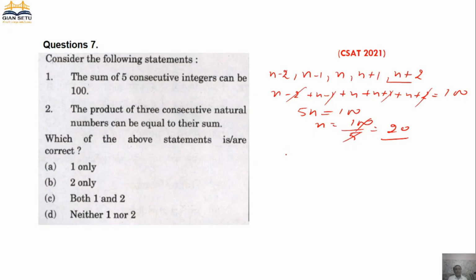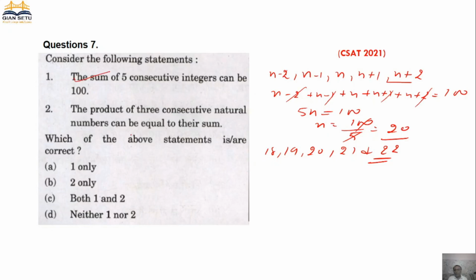So the numbers are 18, 19, 20, 21 and 22. If we add all these numbers, we get a sum equal to 100. So the first statement is correct.